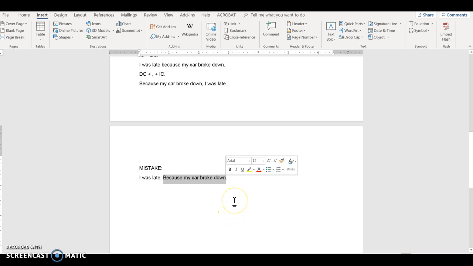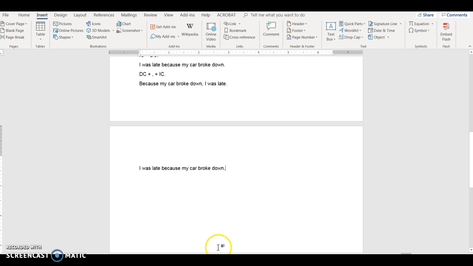We said before, this is a dependent clause, which means it has to be connected to an independent clause. Otherwise, you get a sentence fragment. And we talked about sentence fragments before, incomplete sentences. So we can fix this just like that.